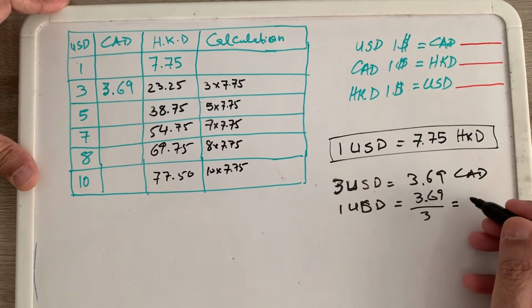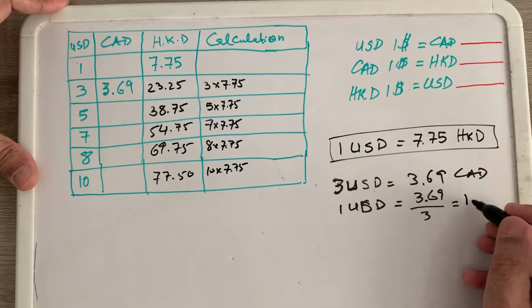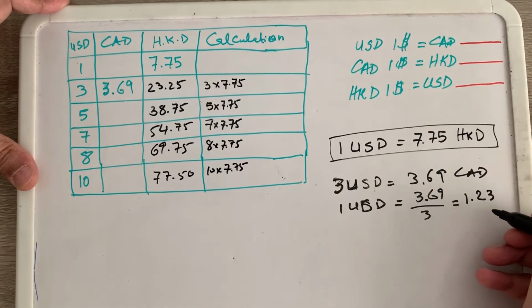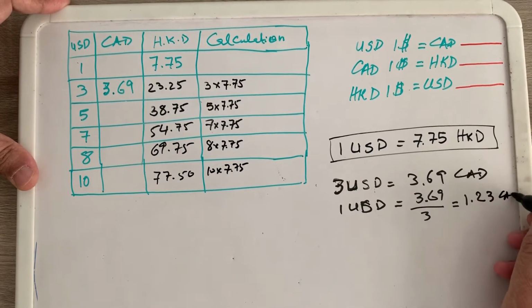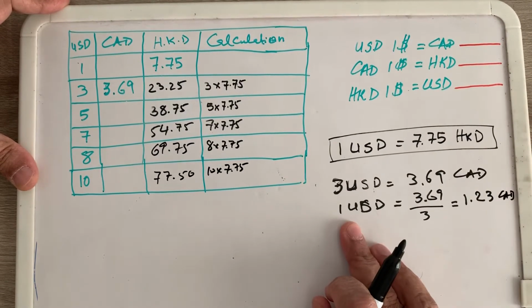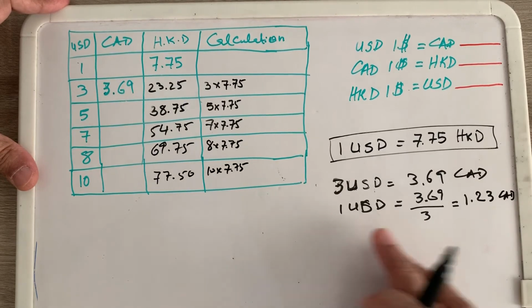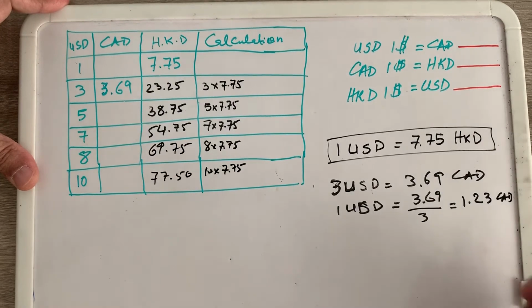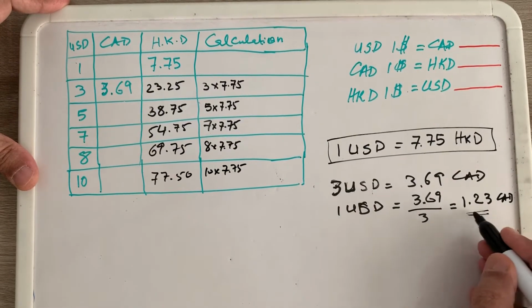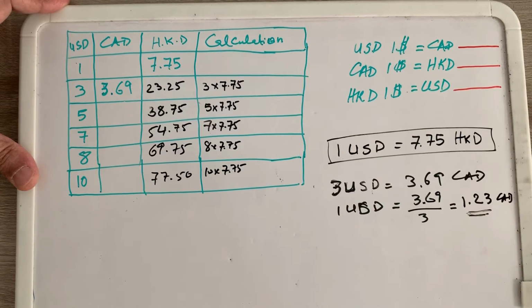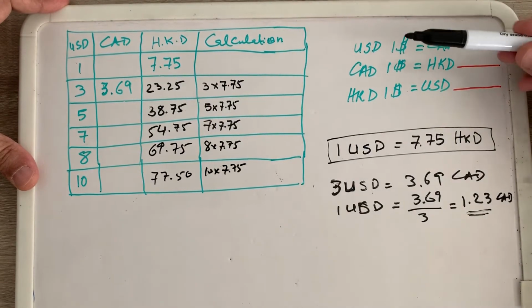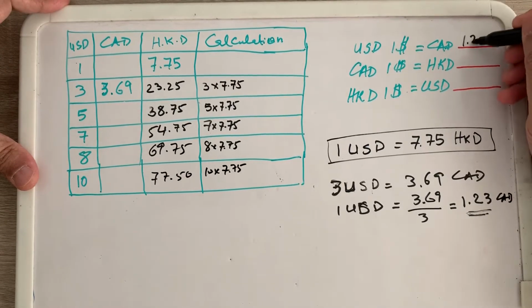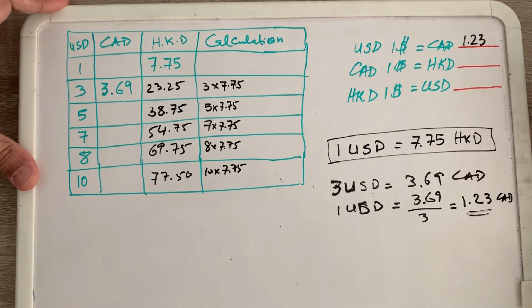When we simplify, we get 1.23 Canadian dollars, right? So that means if you have 1 USD, you will receive $1.23 in Canadian dollars. So your multiplying factor is 1.23. So now you have your multiplying factor, and you can fill it up here that 1 USD is equal to 1.23 Canadian.